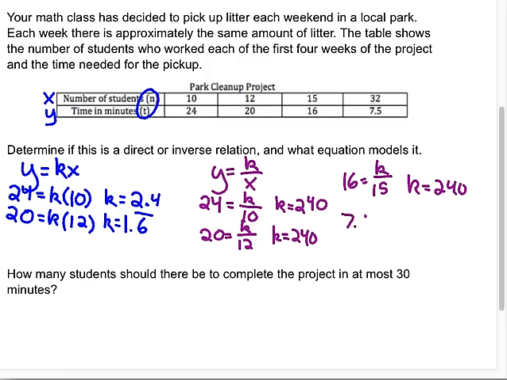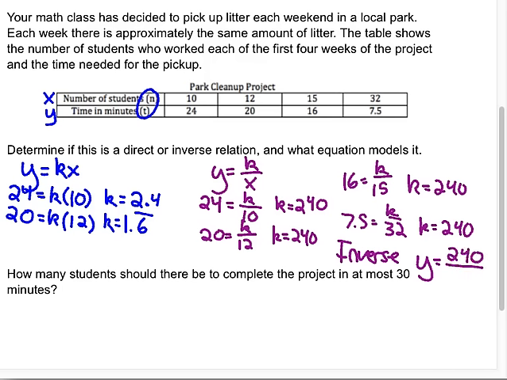And the 7.5 with the 32. So 7.5 and multiply that 32 over. So by using the inverse relationship, by using that formula, I got a consistent k value for every single point. So what that's telling me, this is in fact inverse, and the equation that models it looks like this.